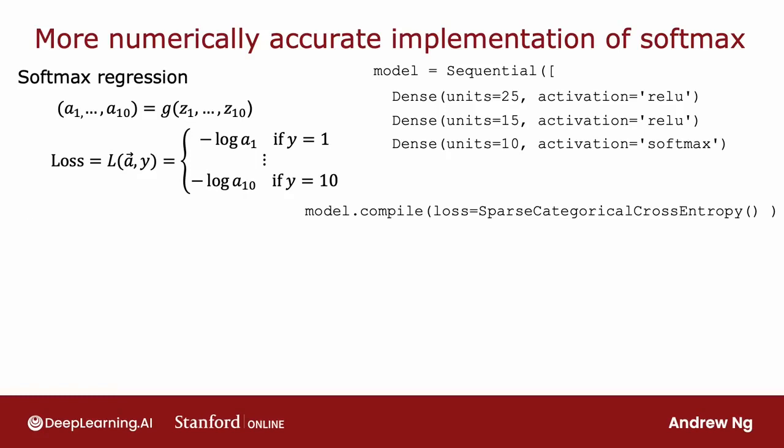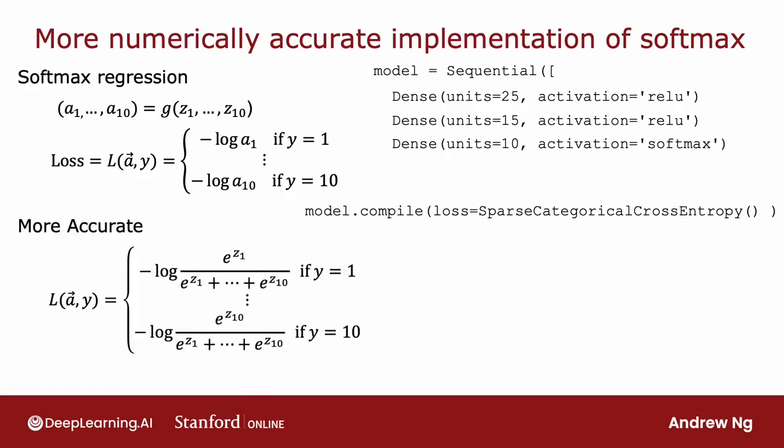But once again, if you instead specify that the loss is, if y is equal to 1, negative log of this formula, and so on, if y is equal to 10, this formula, then this gives TensorFlow the ability to rearrange terms and compute this in a more numerically accurate way.